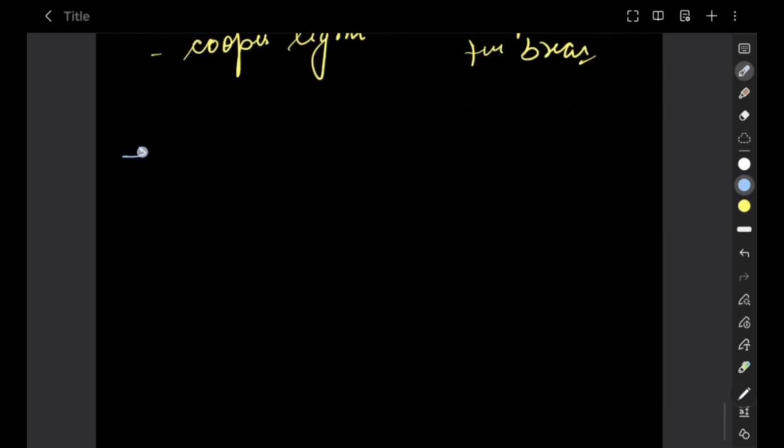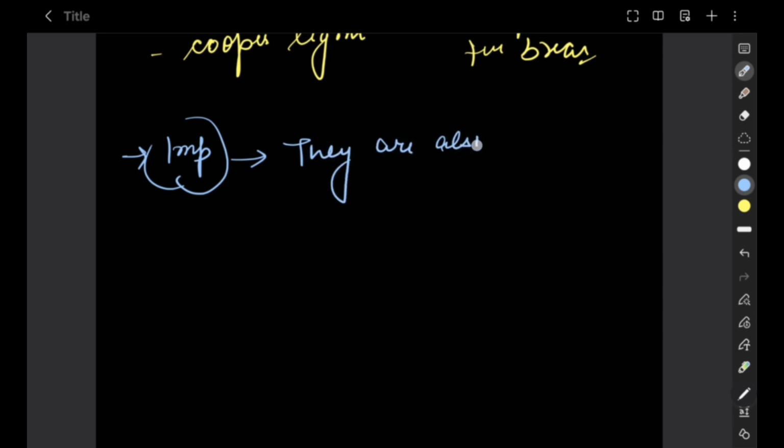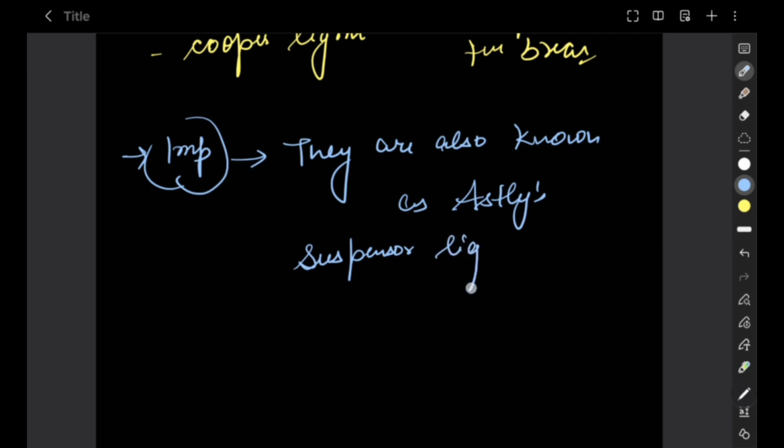What is Cooper's ligament? See, it's important. Cooper's ligaments are also known as Astley Cooper's suspensory ligament of the breast.